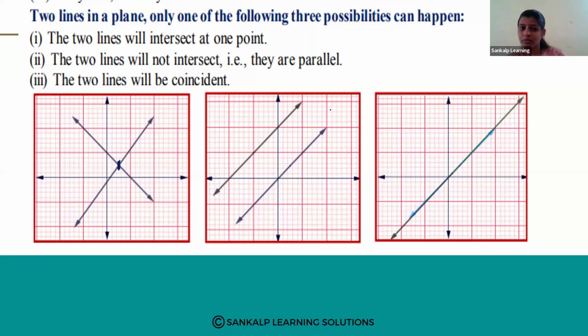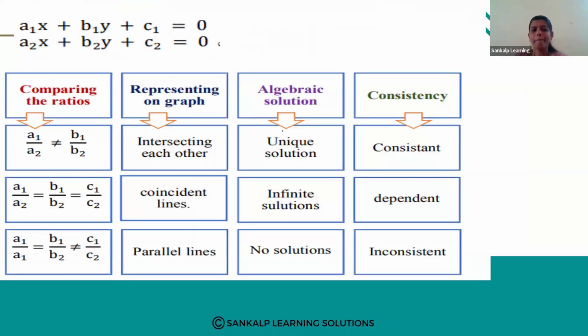Okay, next. Based on those possibilities, we can find out the solutions, and we can also find out the nature of that graph, right? So here, another important thing is comparing the ratios. Every time we need not plot the graph to find out the solution.